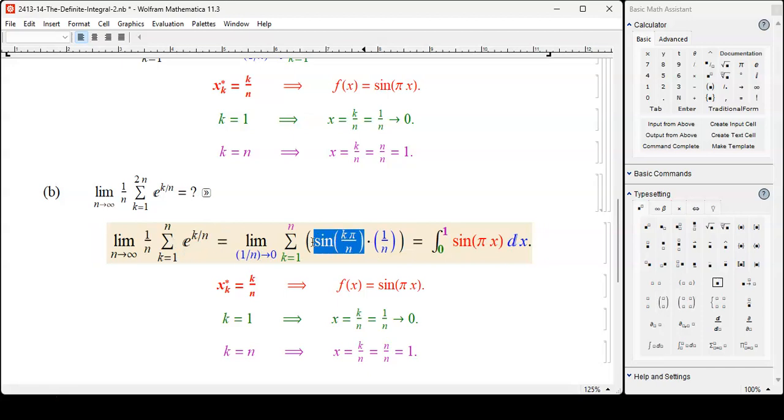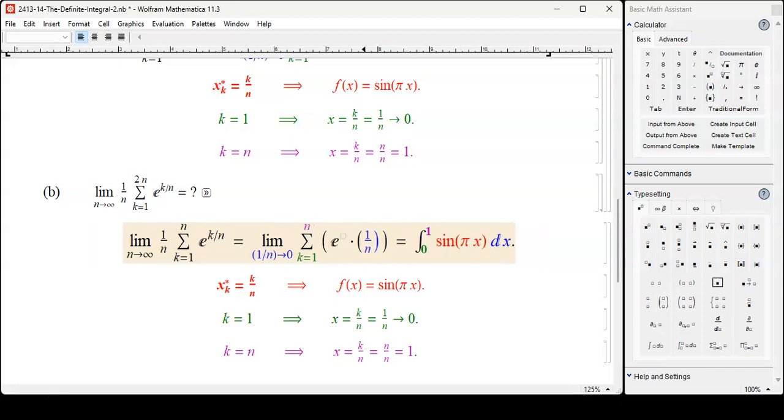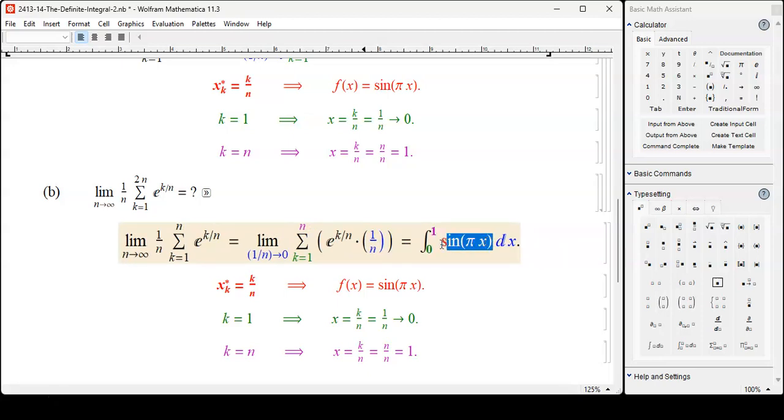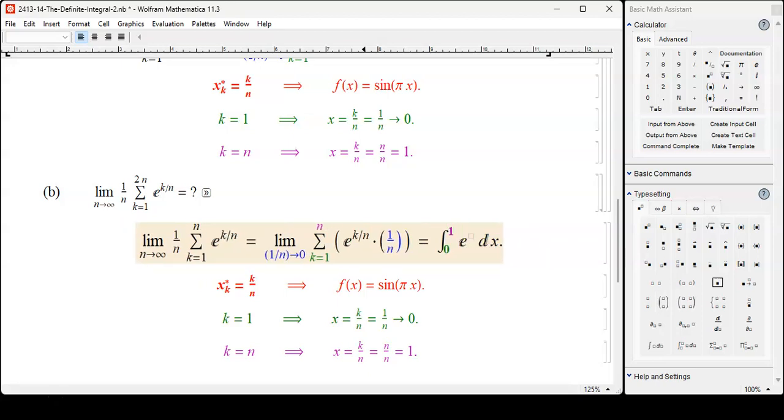So that this one here is actually e to the k over n, so that's e to the x power. So k over n becomes x, so your function is e to the x.